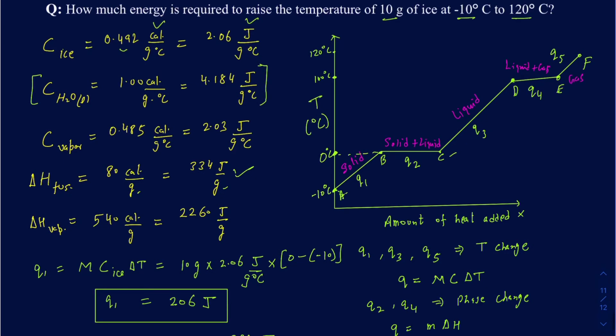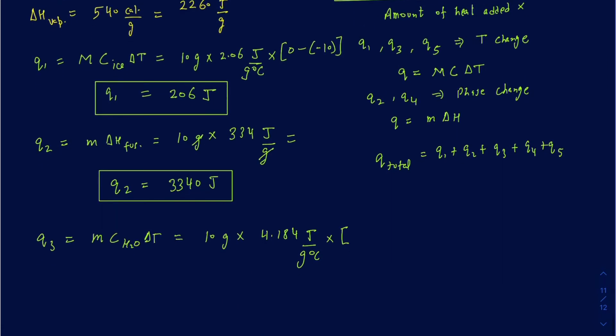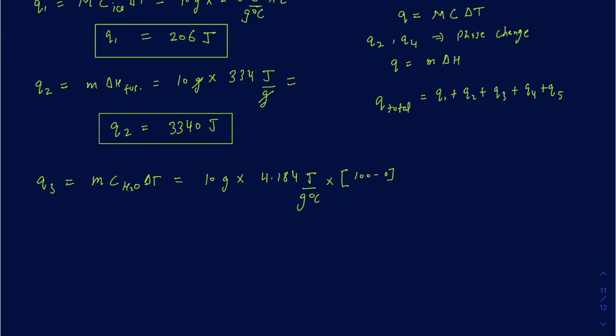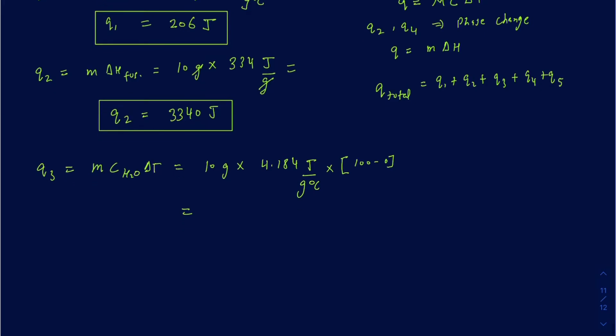In this particular fragment for Q3, your final point is D and your initial point is C. C is at 0 degrees Celsius and D is at 100 degrees Celsius, so it's going to be 100 minus 0, which gives you just 100 degrees Celsius. When you do this math, 10 times 4.184 times 100 gives you about 4184 joules of energy for Q3.